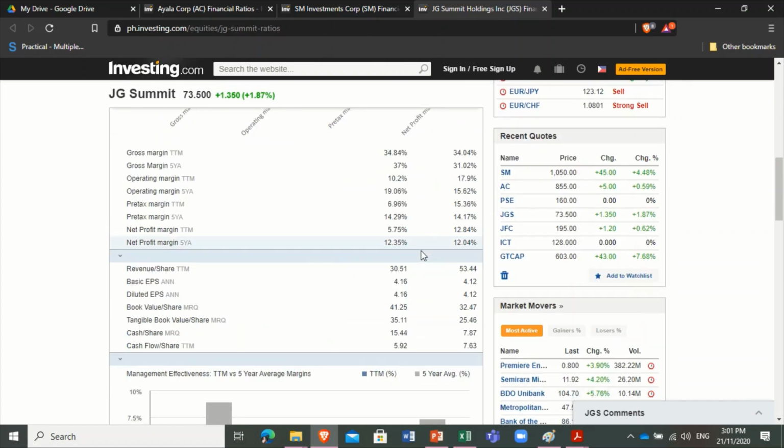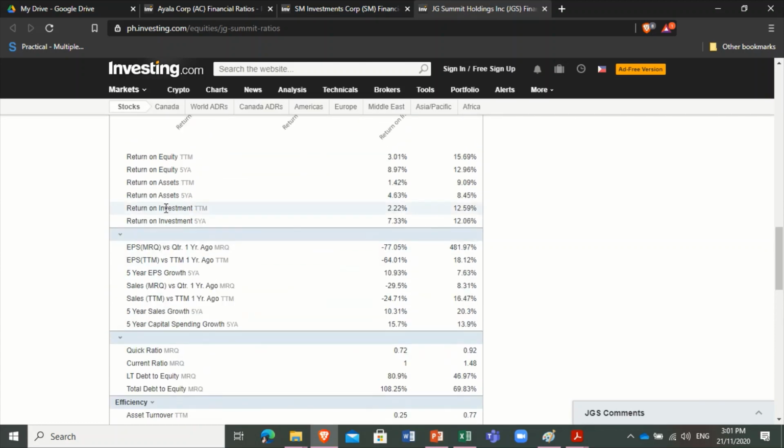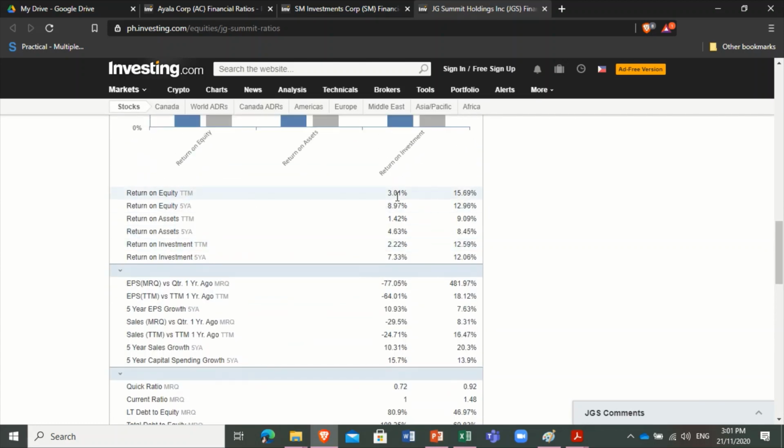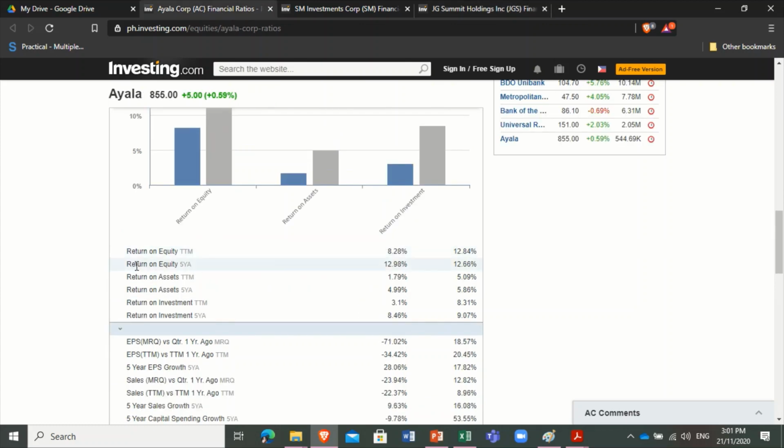So yung mga malalaking mall developers natin. Okay, asa na si ROE? So 3.01%. So obviously, kung itong website na to ang pagbabasihan natin, Ayala Corporation is the most profitable in terms of ROE.